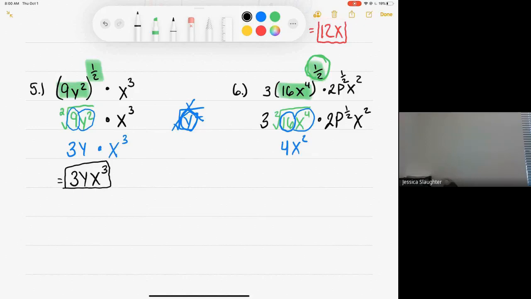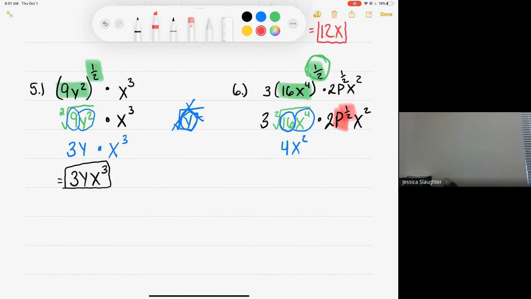If you notice, we do have another exponent that is a fraction. I have this exponent of 1/2, and it's affecting p. Does it affect the 2 or the x squared beside it? Nope.